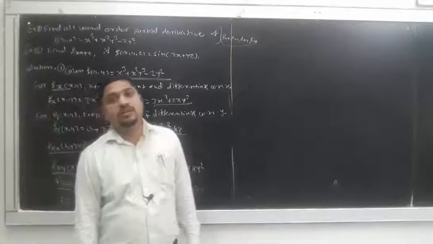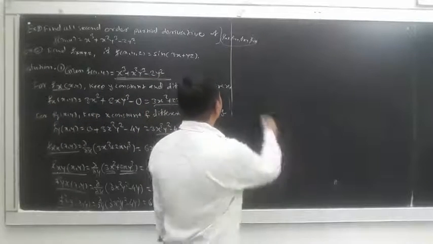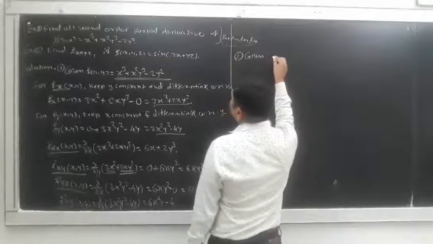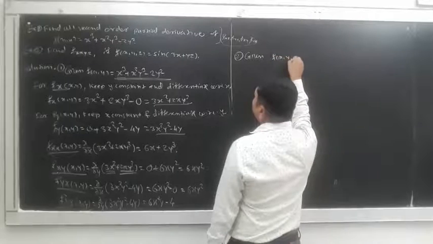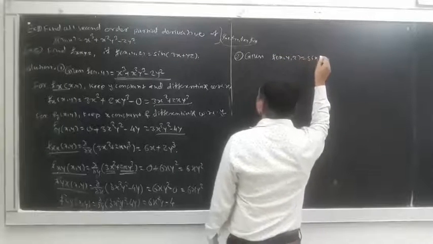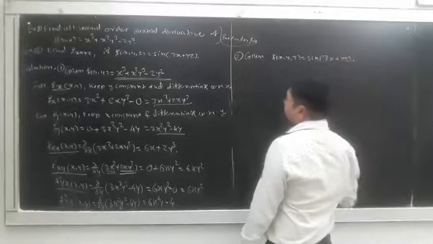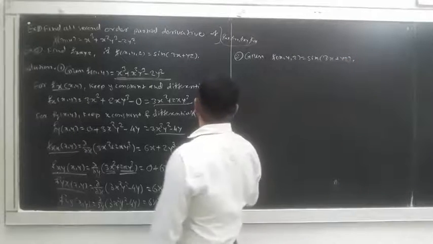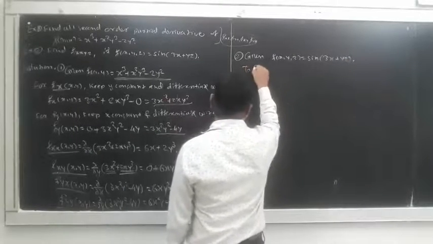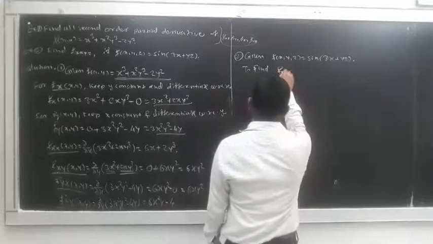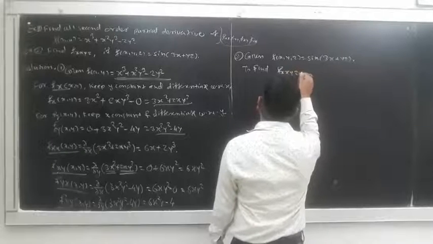Now the second example. What is given? f(x, y, z) = sin(3x + yz). We have to find fxxyz.